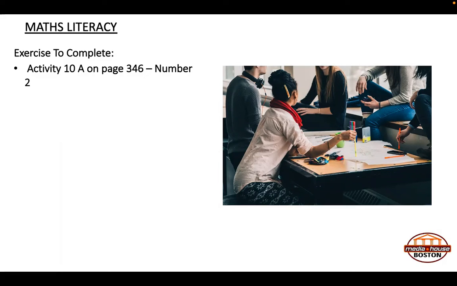So guys, we're doing number 2 of activity 10A, yeah? Calculate the mean. And the answer is not 327. So please don't move on to A, B, C, D when we're still on number 2, the average.